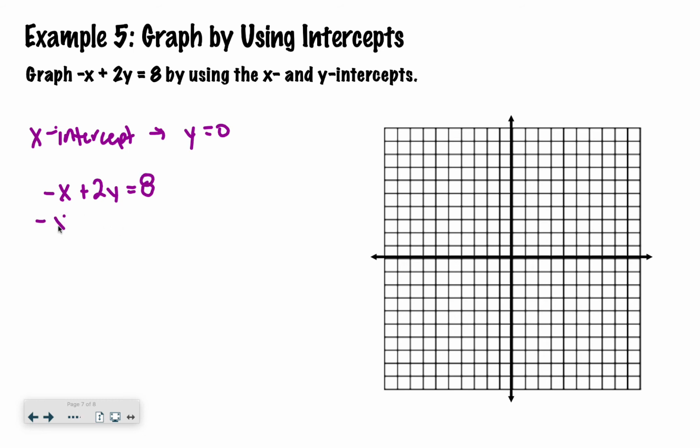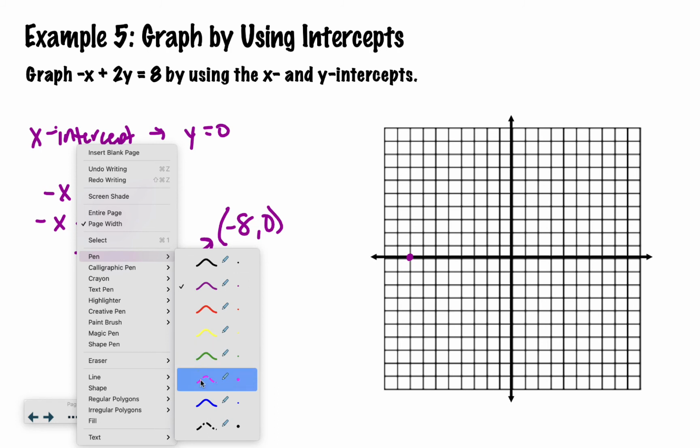We'd say -x + 2(0) = 8. 2 times 0 is just 0, so I have -x = 8. And in order to get rid of this negative, I would divide both sides by -1. I would have x = -8. And that means that my ordered pair is (-8, 0). So I'd go over to (-8, 0), and I'd plot a point.